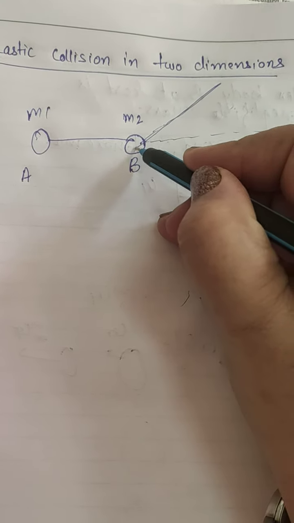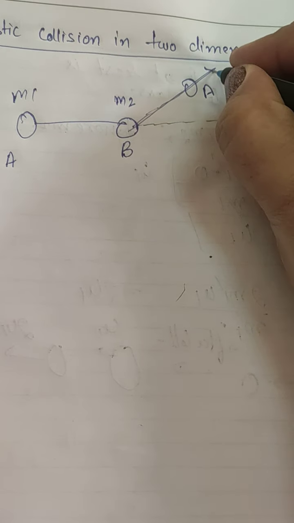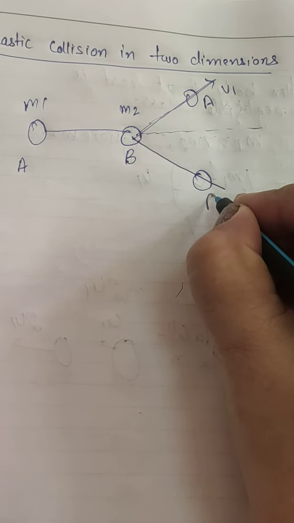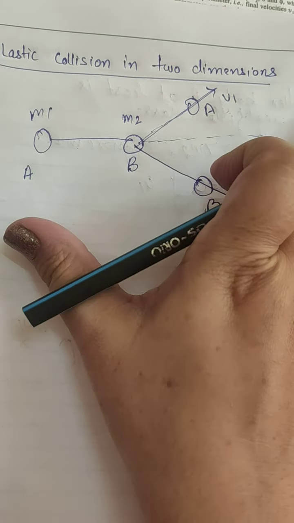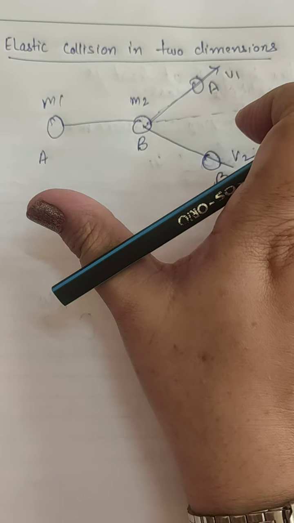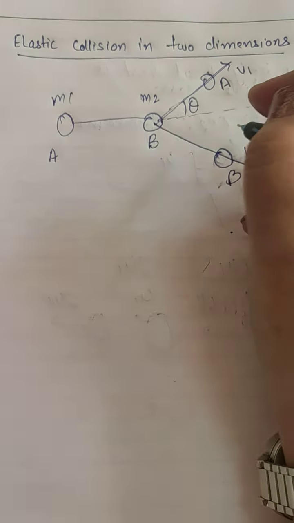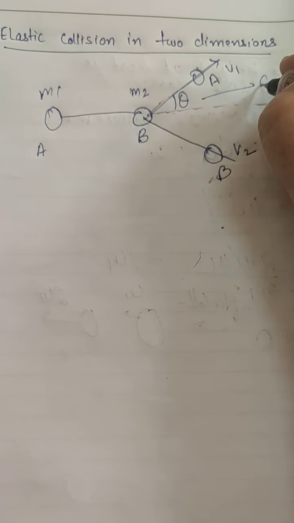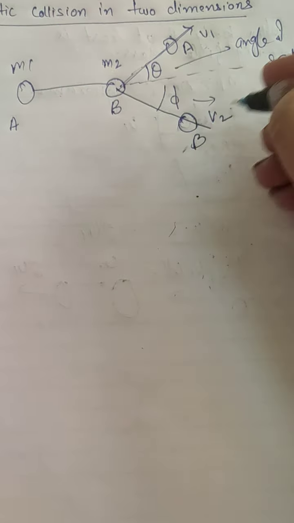Suppose A moves in this direction with velocity v1 and B moves in this direction with velocity v2. This type of collision is said to be a collision in two dimensions. Let this angle be theta. This angle theta is known as the angle of scattering, and this angle phi is known as the angle of recoil.